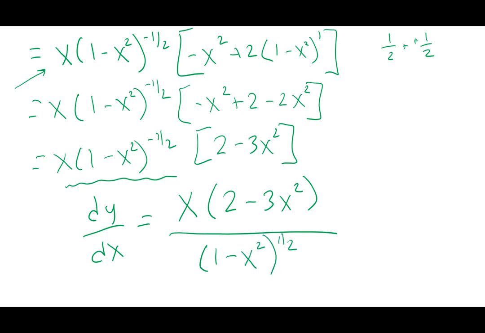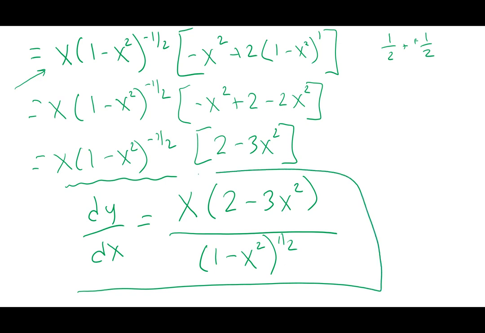And whether I write it as a positive 1/2 power or I write it as a square root, remember, it matters not. In terms of the numerator, we normally put the higher exponent first, but sometimes we put the positive first. So again, if you had negative 3x squared plus 2, that would be perfectly fine.